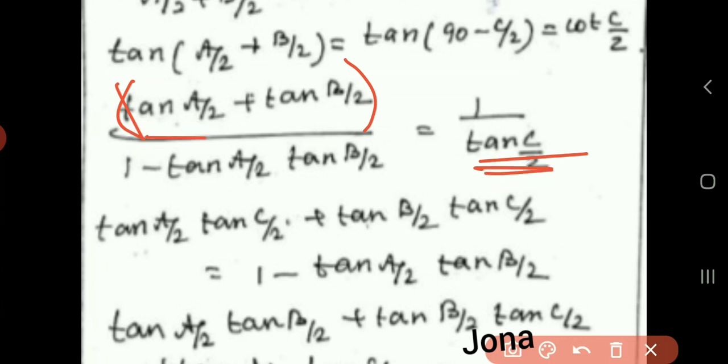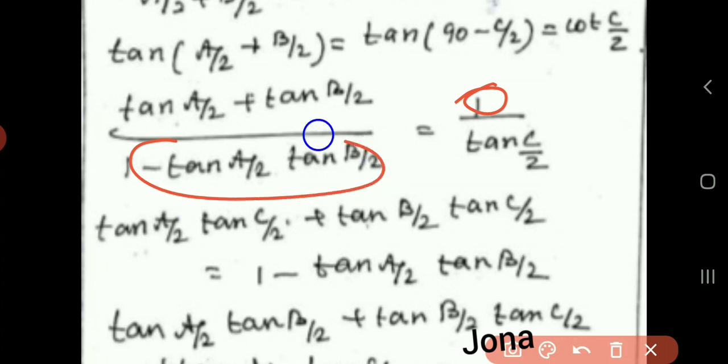Okay, so I can multiply the first term and this term. So I can have tan a by 2 into tan c by 2 plus this tan b by 2 and tan c by 2 is here. If you cross multiply, we can have these two terms equal to 1 into the denominator, which is equal to 1 minus tan a by 2 into tan b by 2.